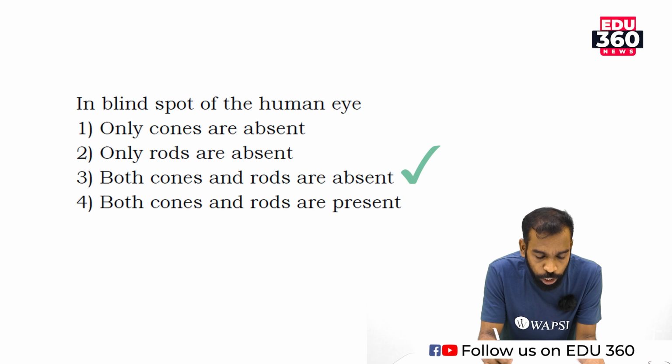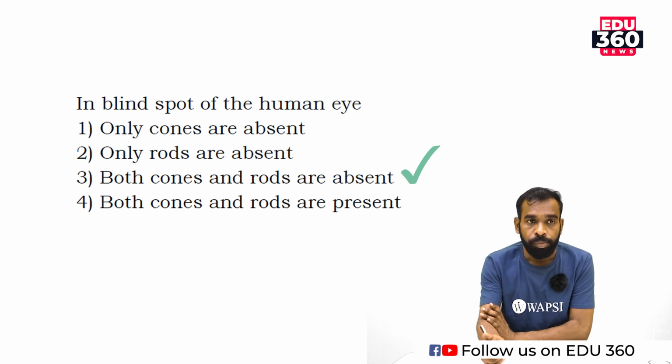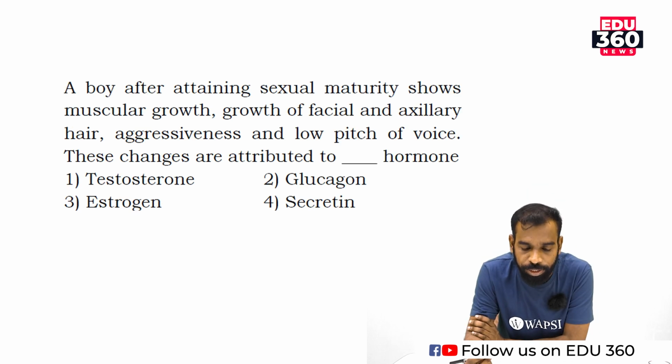Option 1, only cones are absent. Option 2, rods are absent. Option 3, both cones and rods are absent. Option 4, both cones and rods are absent. I already told you this is a region of the retina in which both rod and cone cells are absent. Move to the next question.